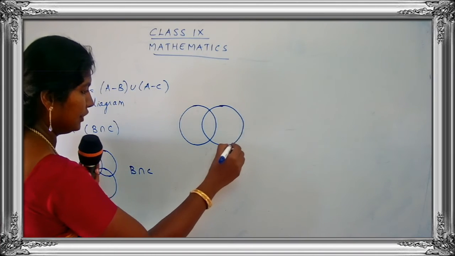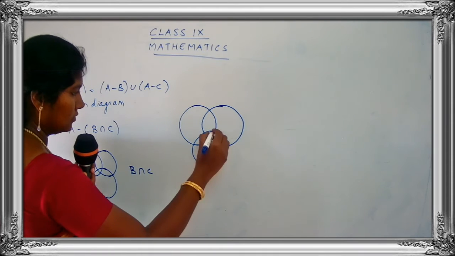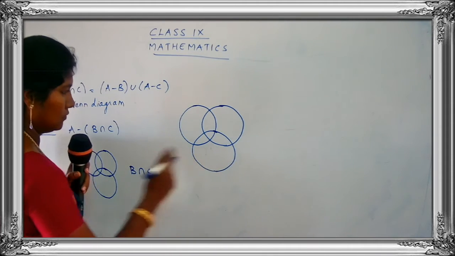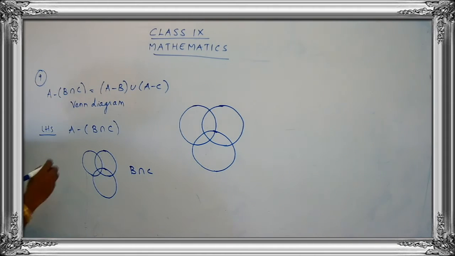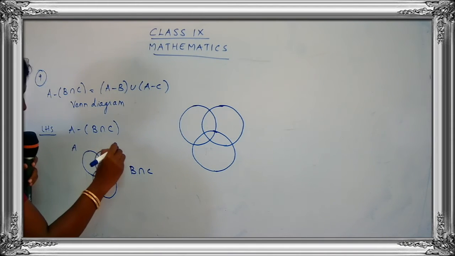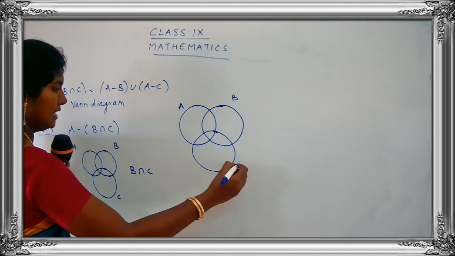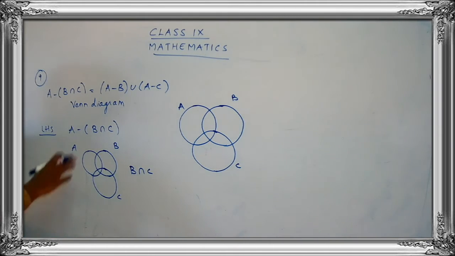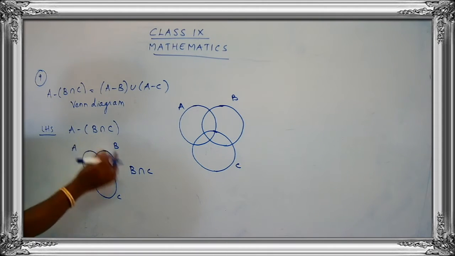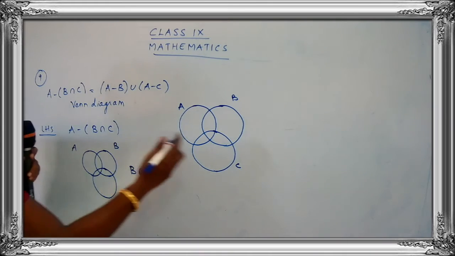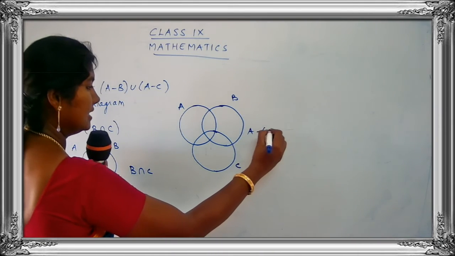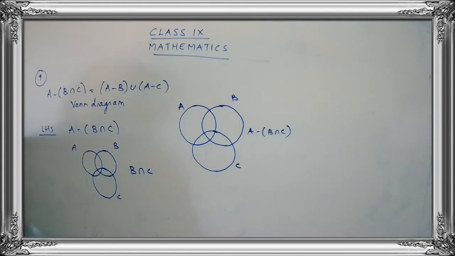So for LHS we need 2 figures children. Give the names A, B, C. Give here the names of the sets A, B, C. So the first one is for B intersection C, that is the set which is given in the bracket. So B intersection C and then I'll be doing A minus B intersection C. Just get the figure ready.